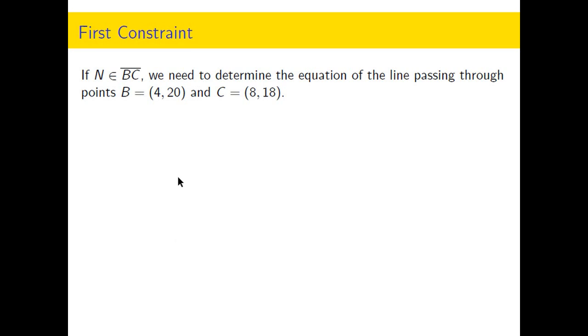So if the Nash point is on segment BC, we need to determine the line that contains that segment so we can use it as a constraint. So we're calculating the slope, which is -1/2. And then we just use the point slope version of a line. And I chose to use this as my point. And of course, the -1/2 is the slope.